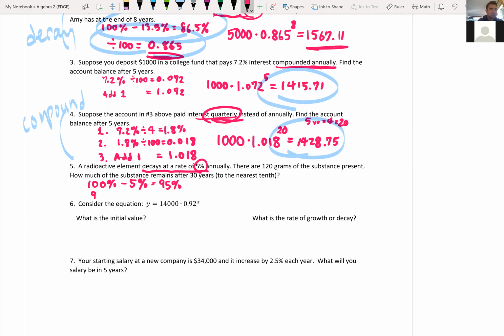Now we divide 95% by 100 to convert into decimal form, which is 0.95. So that's what we're going to use: 120 times 0.95 to the 30th power. And you should get 25.8 grams.